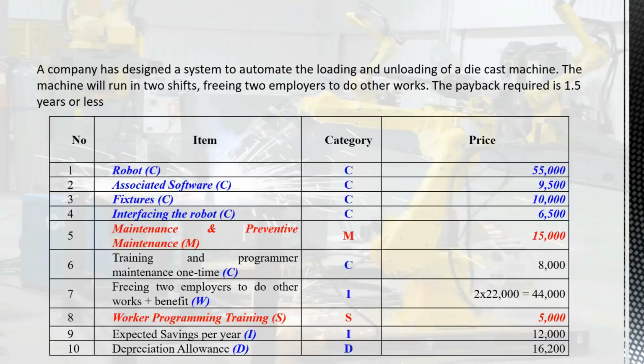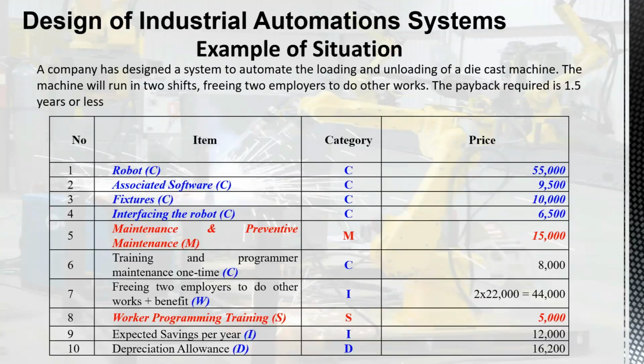Let's say we have this example of a situation whereby a company would like to design and automate the loading and unloading of die cast machines. The machine will run in 2 shifts, freeing 2 employees to do other work, and the payback required must be less than 1.5 years.